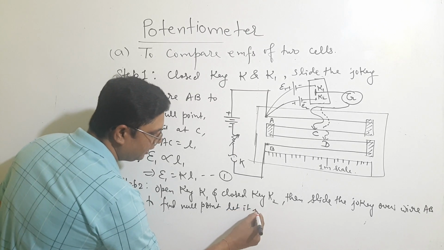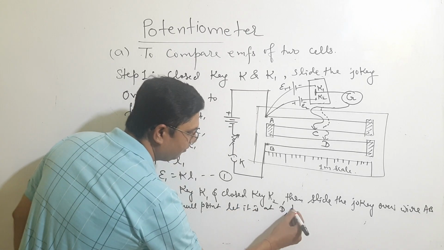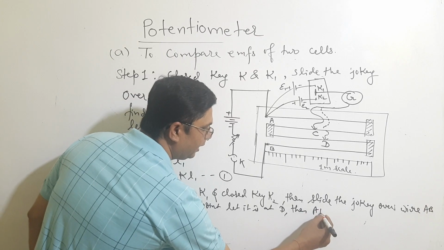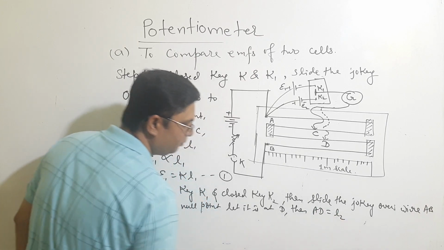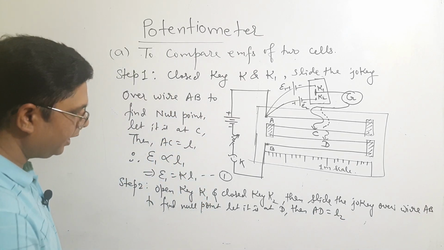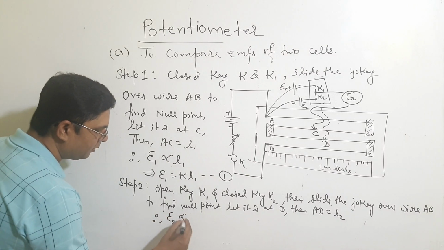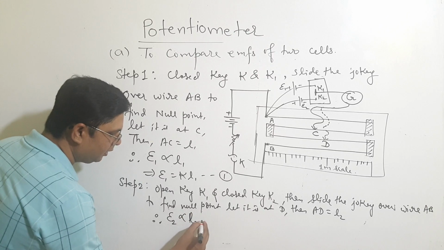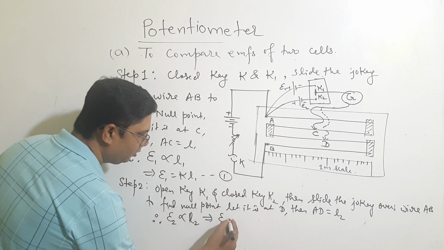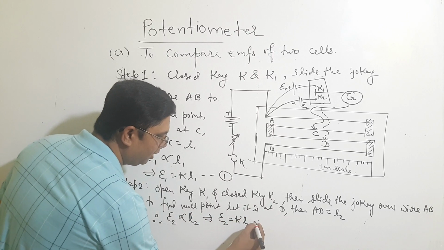Let it be at D. Then AD equals L2. Therefore, E2 is proportional to L2, or you can write E2 equals KL2, equation number 2.